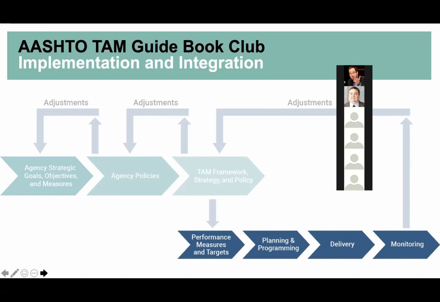It requires help and input from planning and programming and those responsible for day in, day out delivery. It's important that we can communicate to all those individuals. We also monitor progress.